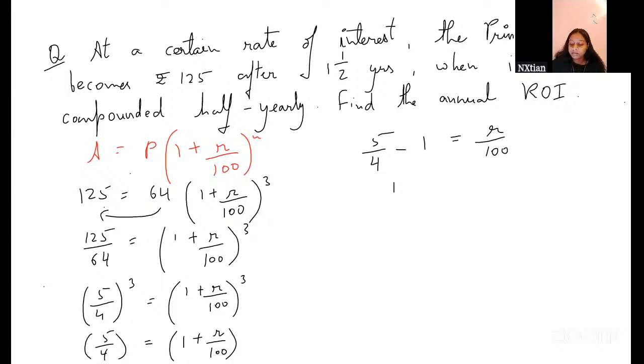We'll be left with 1 by 4 equals r by 100. Cross multiply. 4r equals 100. R will be 100 by 4.